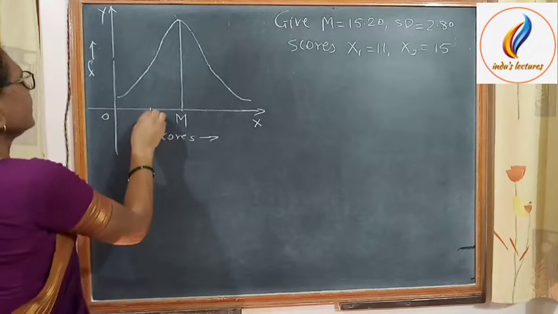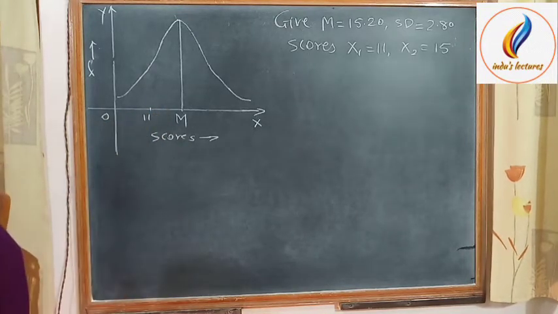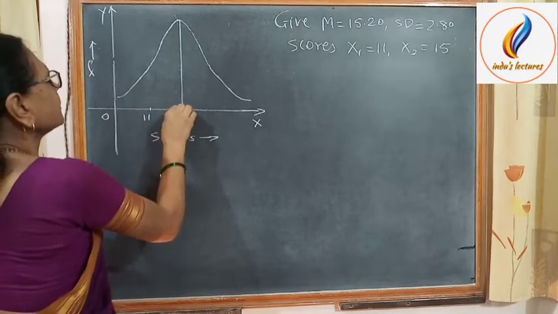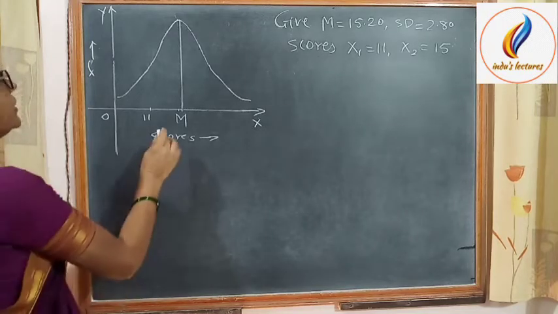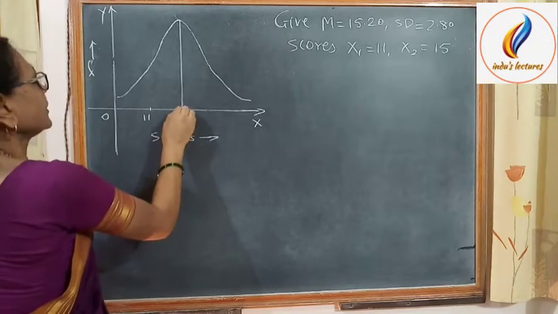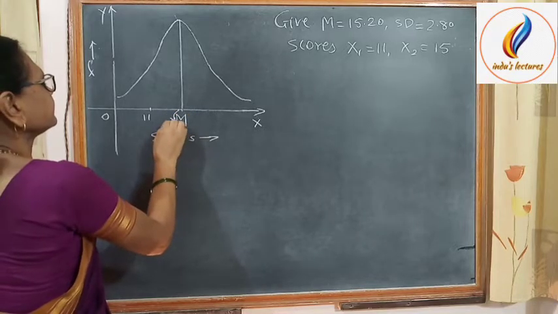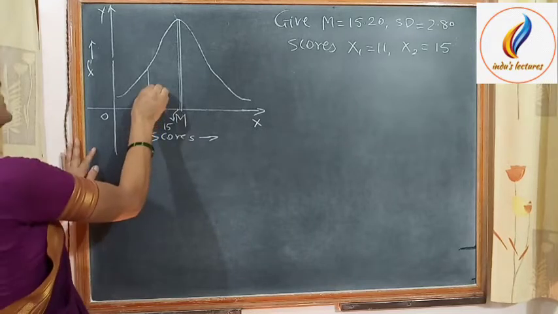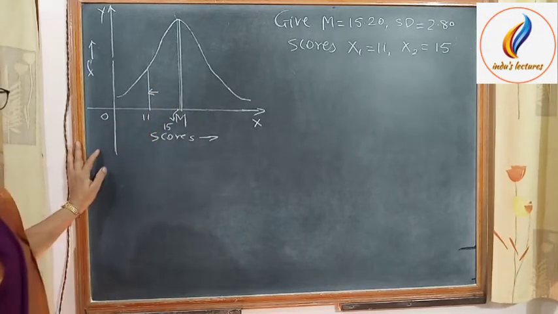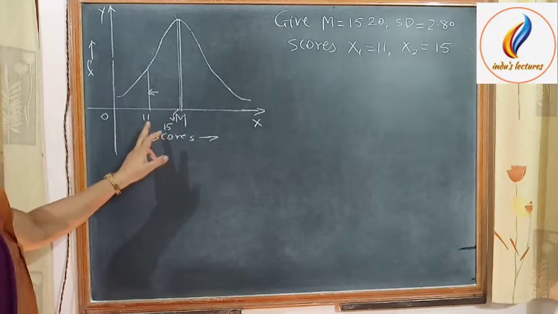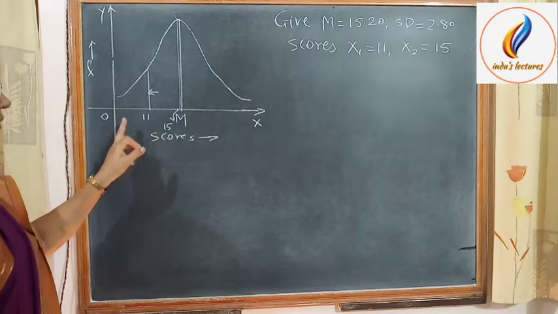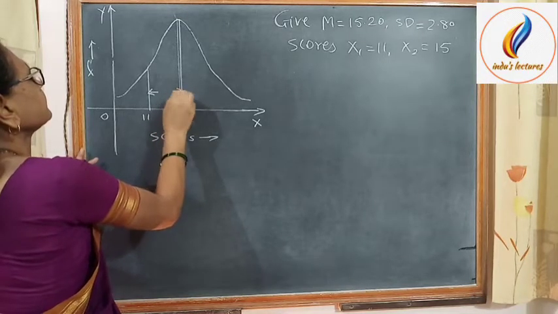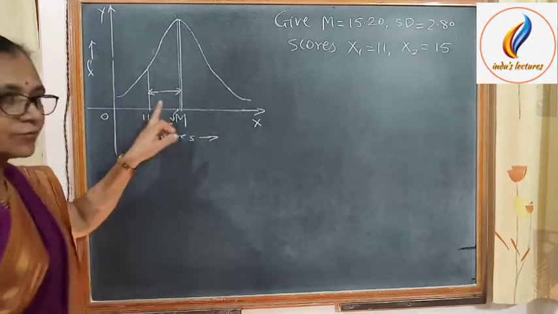The second score is 15, which is very near to the mean. Mean is 15.20 and our score is 15. So we have to find the percentage under the normal probability curve between the scores 11 and 15.